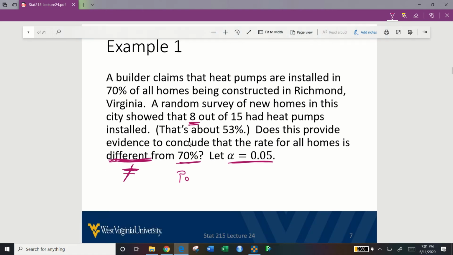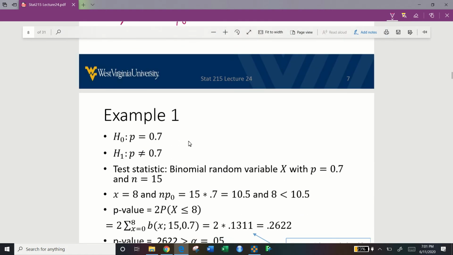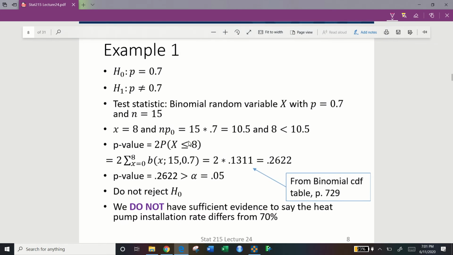Using this information we've highlighted, let's go ahead and take a look at how to solve this problem. So first off, we have our first step, stating our hypothesis. Our null hypothesis would be p equal to 0.7. Our alternative hypothesis will be p not equal to 0.7.